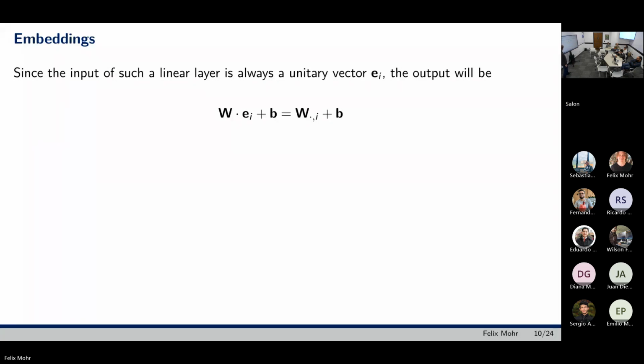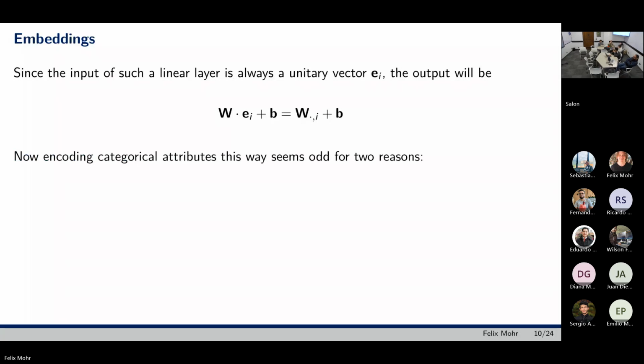But why do I add a bias term? Let's say I have 5 possible categories, and let's say that W has only 2 rows.